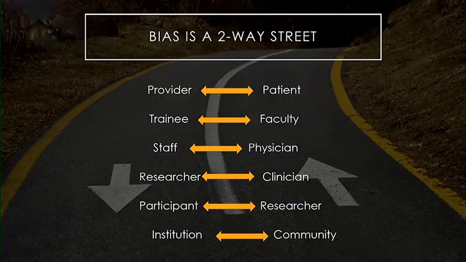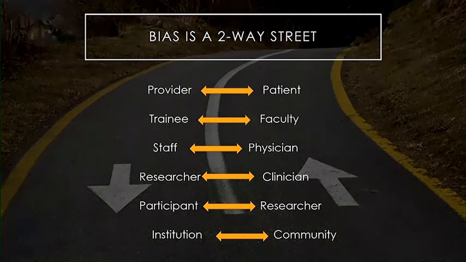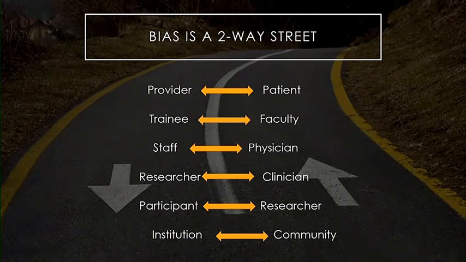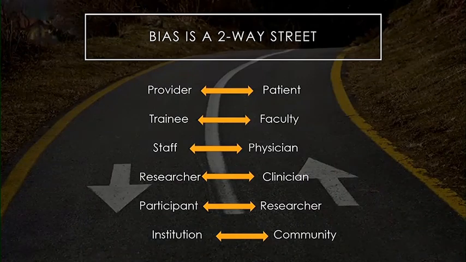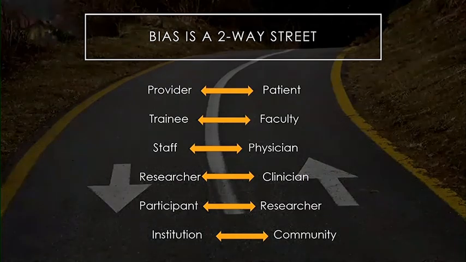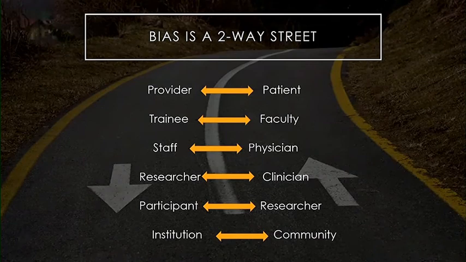I'll add that I think it's very important to recognize that bias is a two-way street, and in every interaction where bias is identified, remember that it can also happen in the other direction. So for example, if there's a scenario where students or trainees state that they feel the faculty are biased against them, and they're correct, the other thing that's also true is that the students can very well be biased toward the faculty.